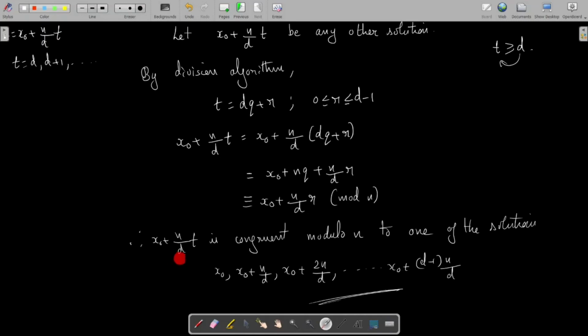Therefore, x0 plus n by d into t is congruent modulo n to one of the solutions x0, x0 plus n by d, etc., x0 plus d minus 1 n by d. Therefore, these d solutions are exactly the d mutually incongruent solutions of the linear congruence Ax congruent to b modulo n.